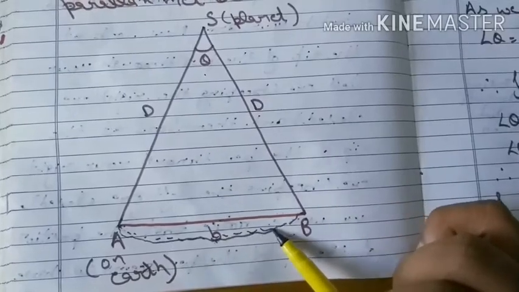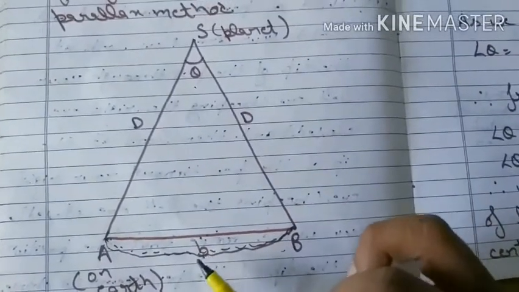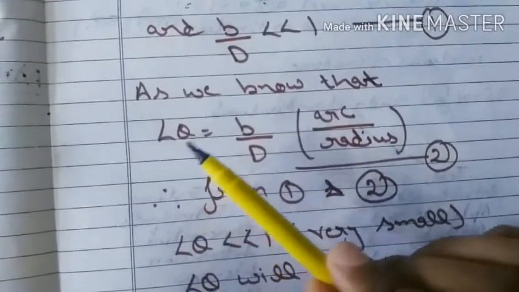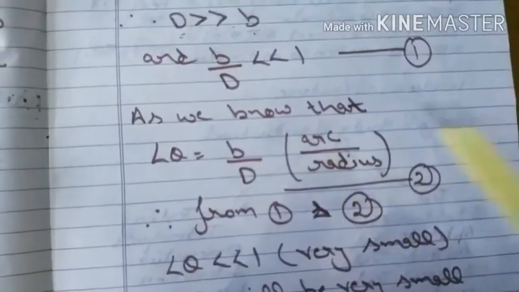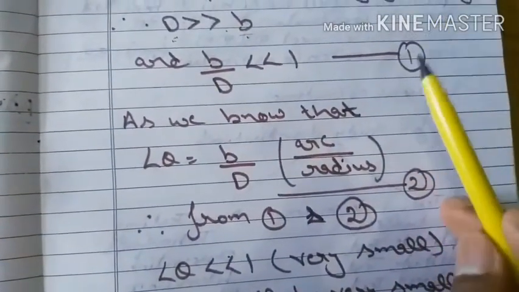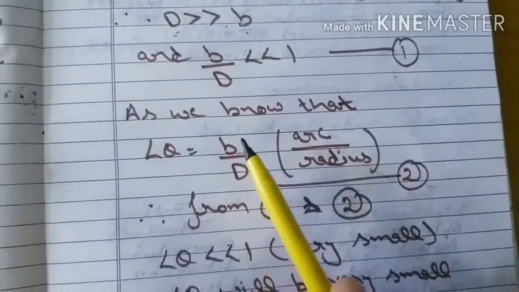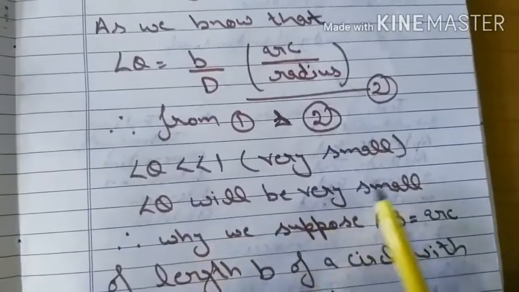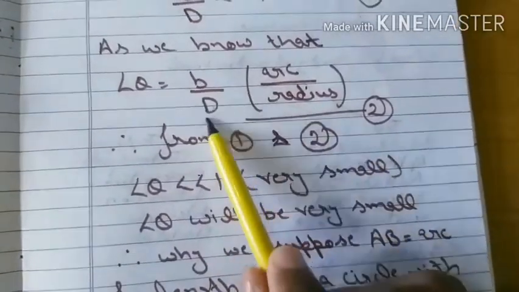So that's why we can approximately keep the length of arc equal to b. In that way angle theta will be equal to b upon d, and from the first equation b by d is very small, and similarly angle theta will be very small because b by d is very small.